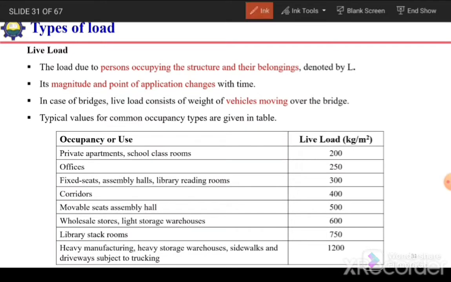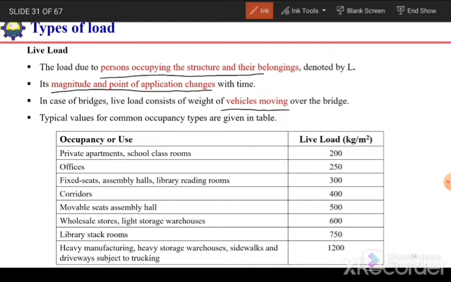Next is live load. A load which changes its magnitude as well as point of application is termed as live load. The load of persons occupying that structure is normally the live load, or movable furniture or some other material. In case of bridges, the live load is the load of moving vehicles.